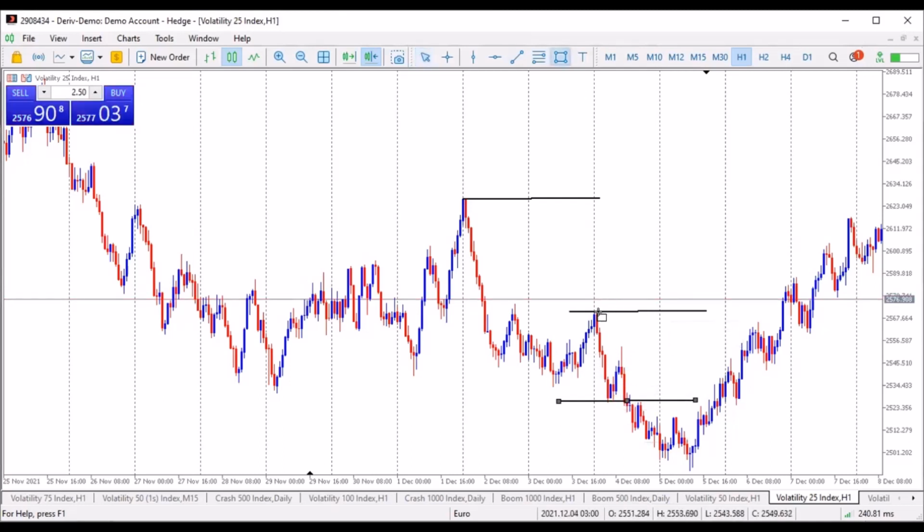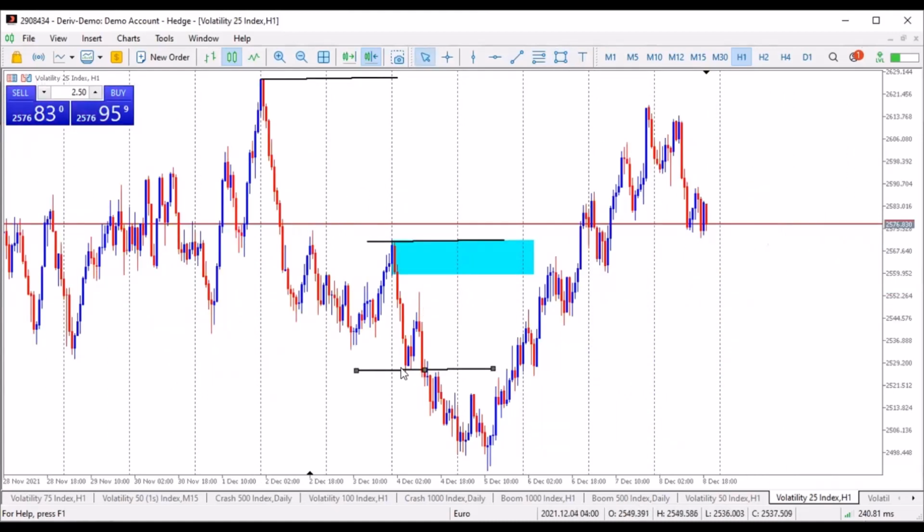So we'll be waiting for price to go and retest these order blocks in this area, and price didn't get there. So let's start from this low, right? So we start marking the high. This is the high, right? From that we have this low. So this is our trading range for this, and we will be waiting for price to retest all the way to here.